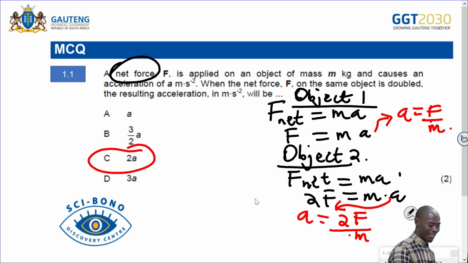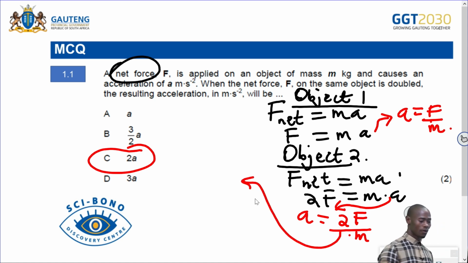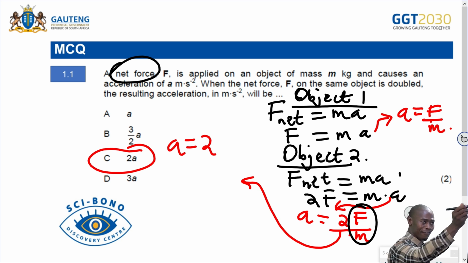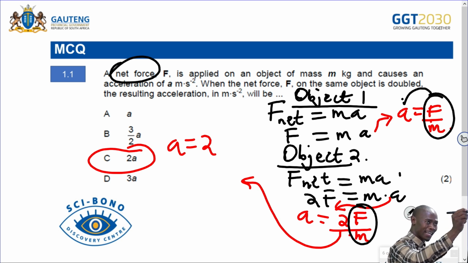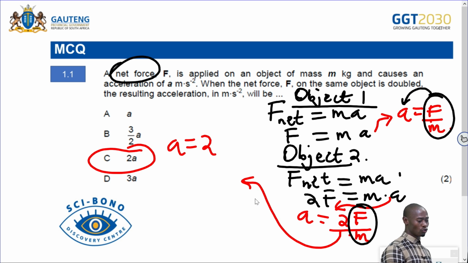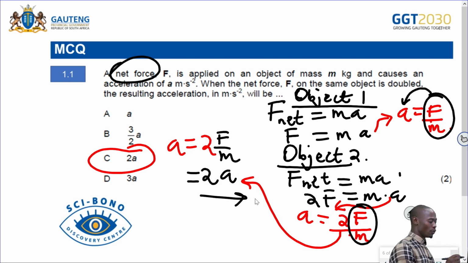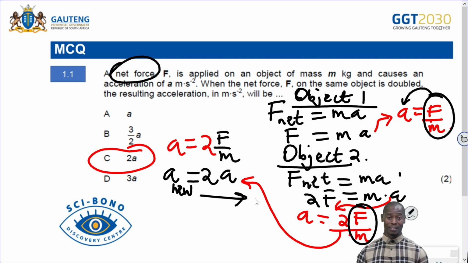Then the new acceleration will be A equals twice F over M. But F over M is acceleration. So the new acceleration will be twice A. So this is another method that you can use, right?